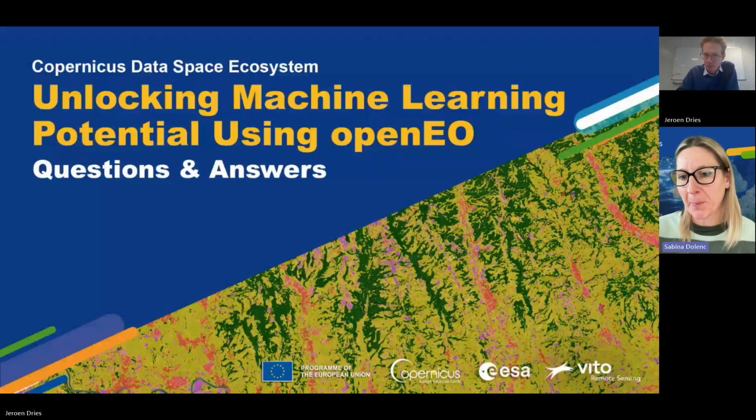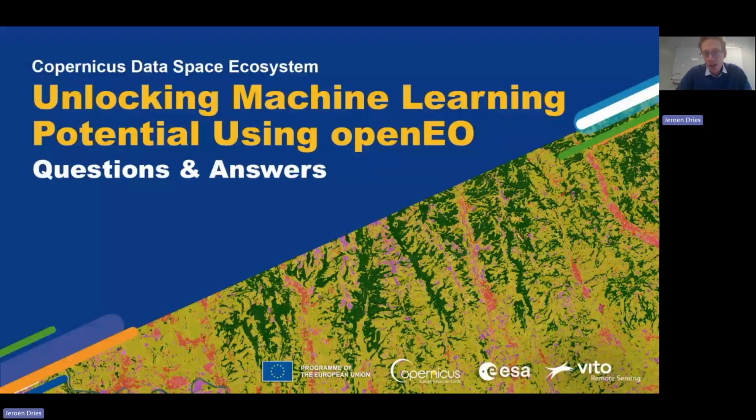Do you have an example of how I can fine-tune an existing model, for example Presto, using openEO? No, the fine-tuning based on Presto and so on, that is what our colleagues do offline, because this world of machine learning models and foundation models is really exploding. It's going rapid, it's going fast. There's a lot of open source stuff available out there, and in openEO it takes a little bit of time to standardize these processes.